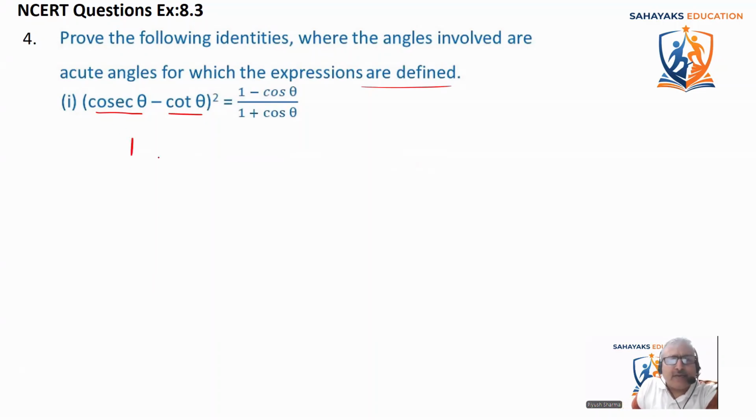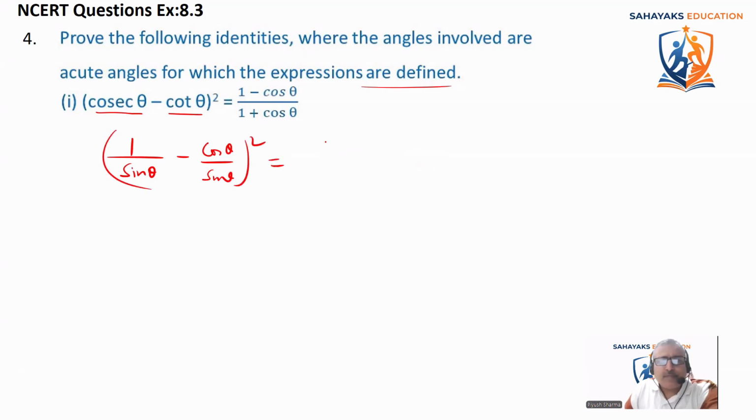So for cosec minus cot, I'll write (1 divided by sine theta minus cos theta divided by sine theta) whole square. So taking the LCM, it becomes (1 minus cos theta) whole square divided by sine square theta.